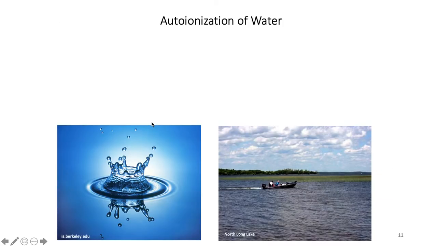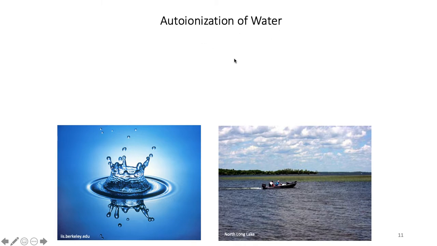This brings us to a particular point: water is one of those substances, and there are a few of them, that we call amphoteric, meaning it can act both as an acid and a base, depending on the situation it is in. If it's paired with an acid, it's going to act as a base.